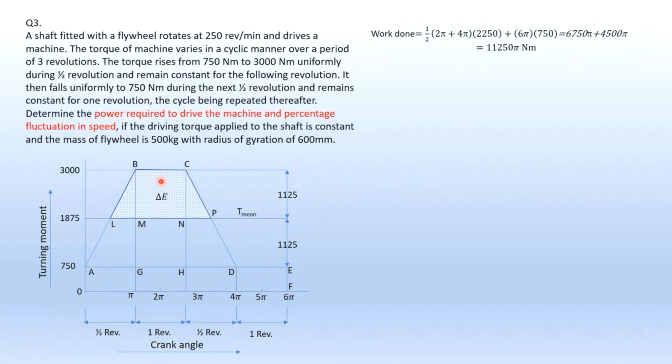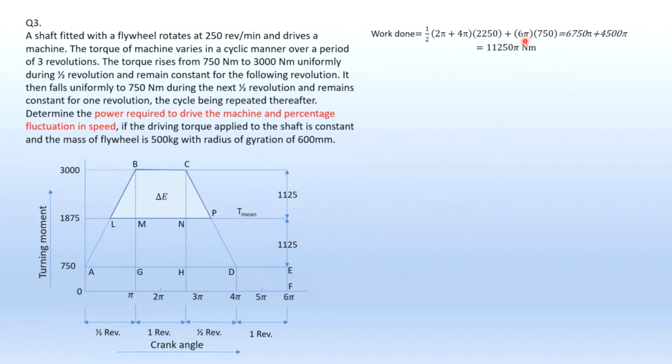The area of the trapezium is half multiplied by this length plus this length, times the height. You have 2 pi here and 4 pi, so 2 pi plus 4 pi times half, then multiplied by the height, which is 2250.